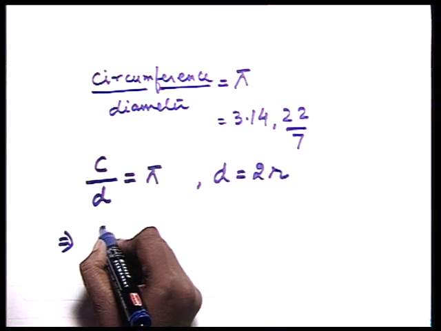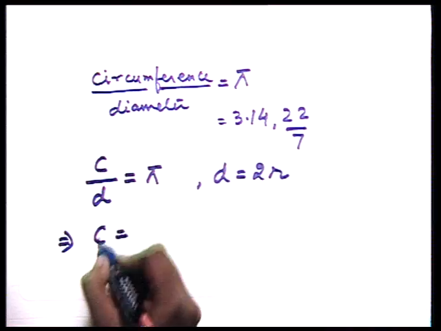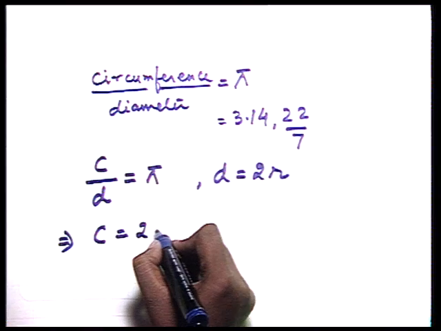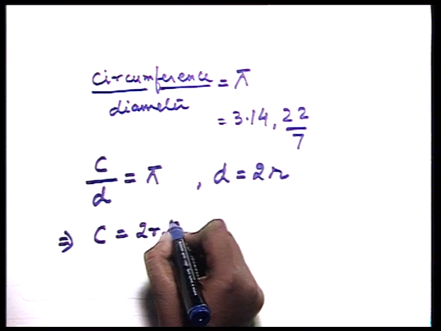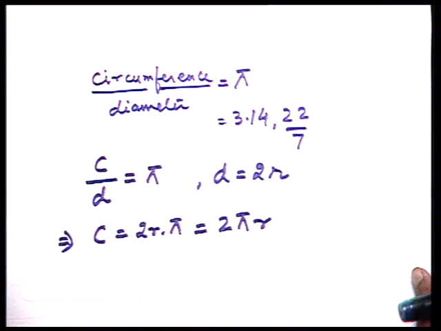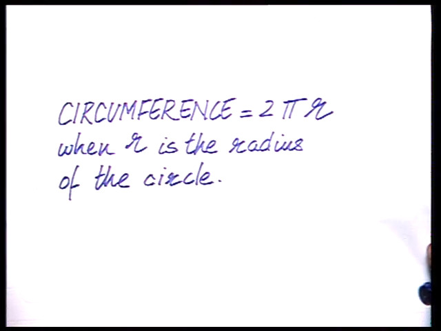This implies that c is equal to, taking diameter to the right hand side, 2 times r multiplied by pi, or 2 pi r. So, what is the circumference of a circle? The circumference of a circle is equal to 2 pi r, where r is the radius of the circle. Let us see how we can use this result to solve this problem.